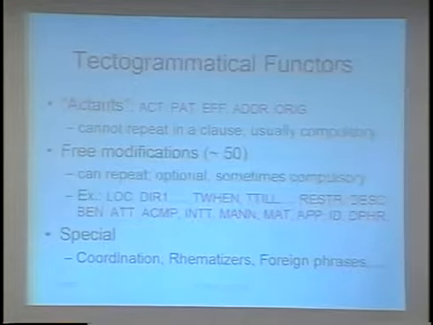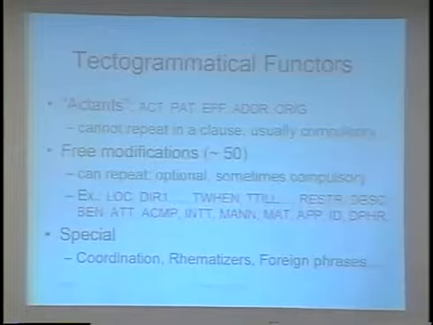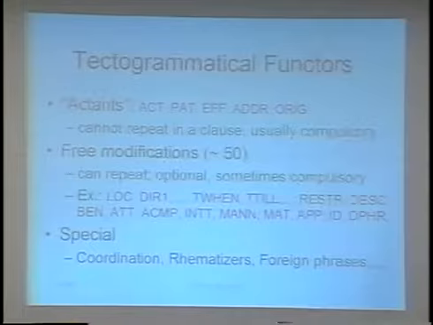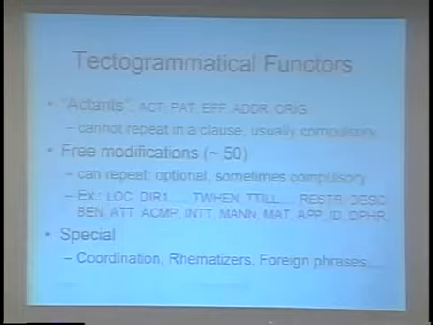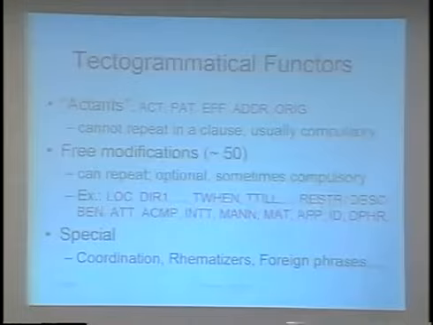It doesn't say too much, but it's just an interesting property of those 5. And then we have a set of another 50 that are what we call the free modifications. Of course, they sometimes can be compulsory for a given verb, but in most cases they can be used with any verb or any noun freely in the sentence, thus the name free modifications.